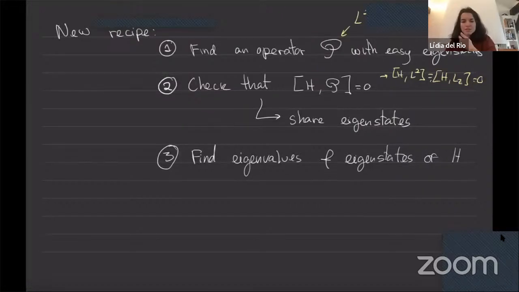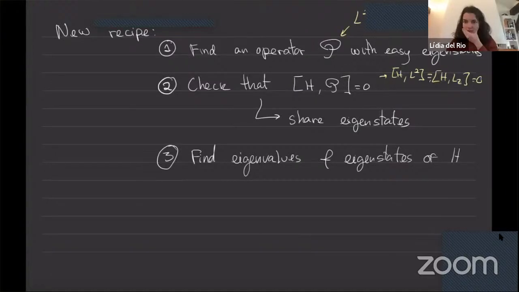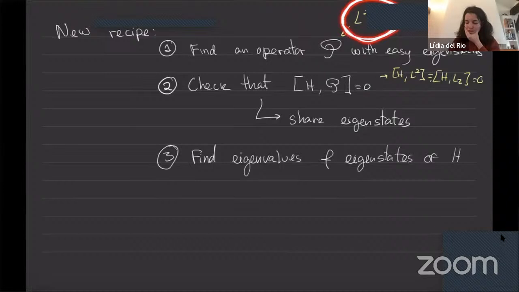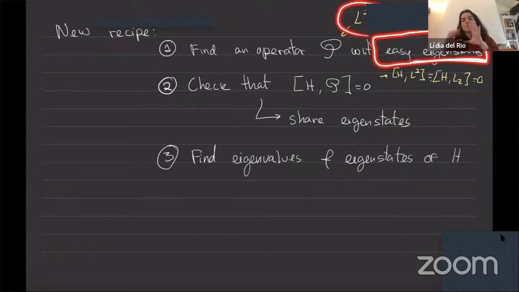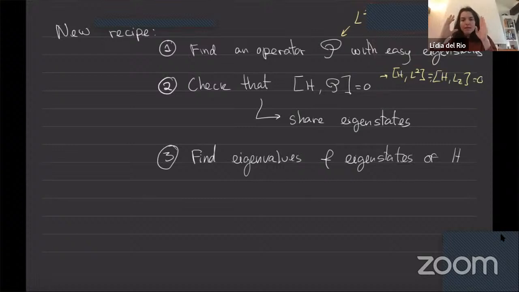If you already watched the lecture on central potentials, angular momentum and the hydrogen atom, it's exactly what we did. We had a very complicated Hamiltonian, but we had simple operators, the angular momentum operators, which we saw all commuted with the Hamiltonian, right? So we said, well, we know what the eigenstates of these operators are. They were the spherical harmonics, right?